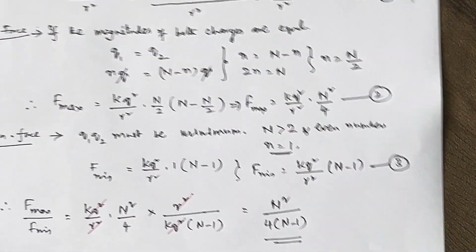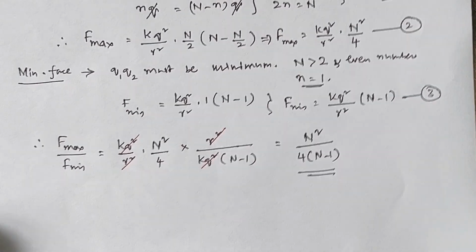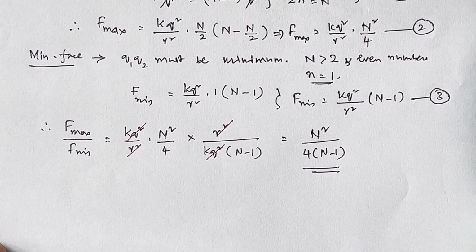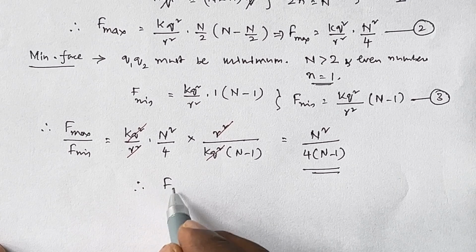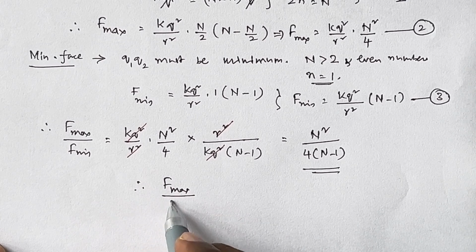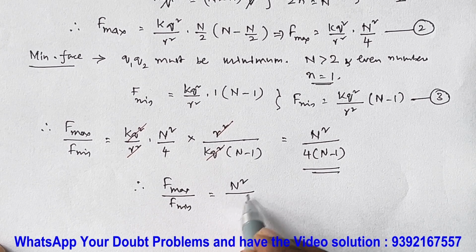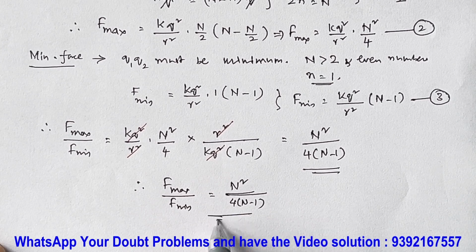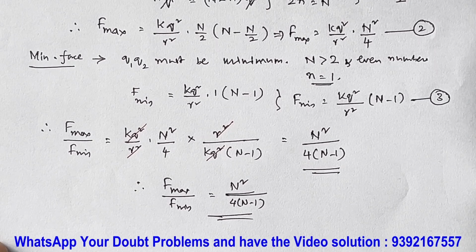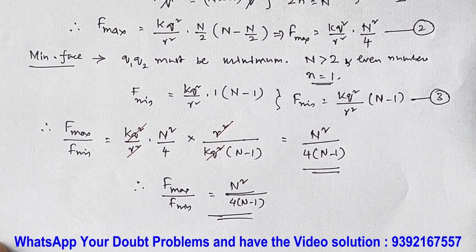So let us write this one. Therefore F max by F minimum is equal to N square by 4 into N minus 1. This is not always correct. For this given condition, what is the condition? N fundamental charges are there, that N is even and greater than 2.